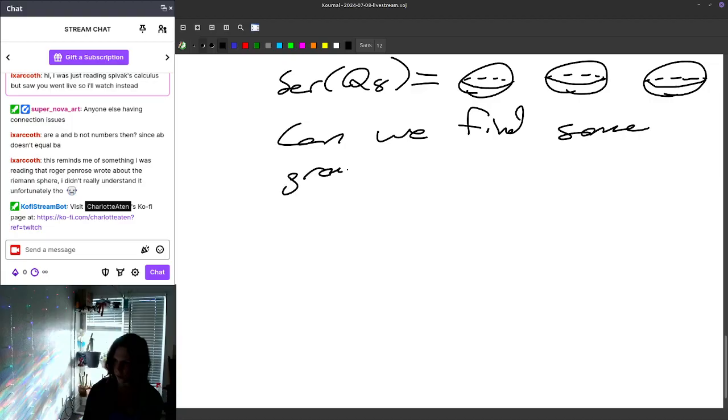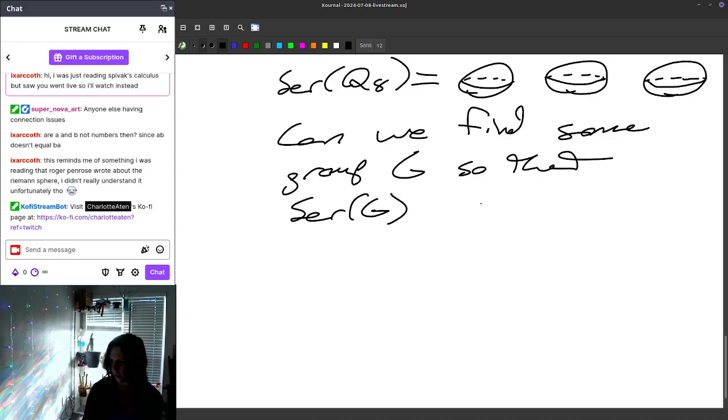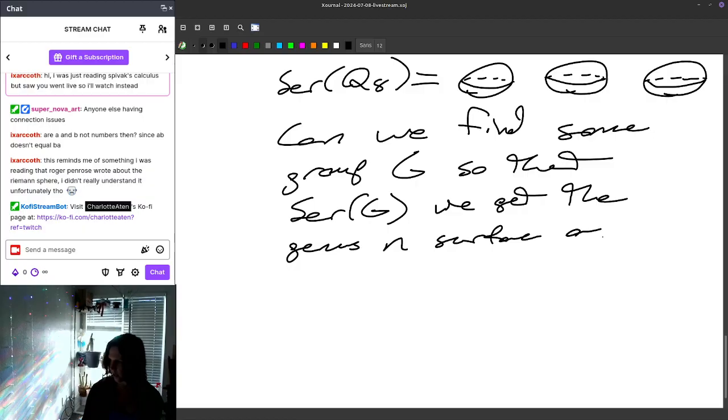Can we find some group, at least, G, so that when I do this construction, this serenation construction to G, we get the genus, I'll just say N, surface as a component?